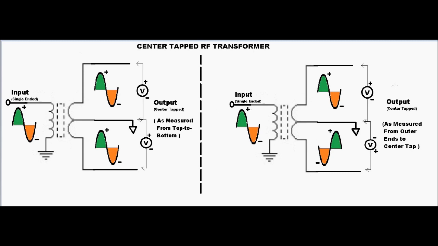We're looking at the diagram on the right side, and so there are opposite mirror image voltages being produced from one input. And that's why the center tapped RF transformer is creating a single-ended to a balanced pair of voltages which are in opposite phase, 180 degrees out of phase, or opposite polarity. When one is positive, the other is negative. When one is negative, the other is positive.